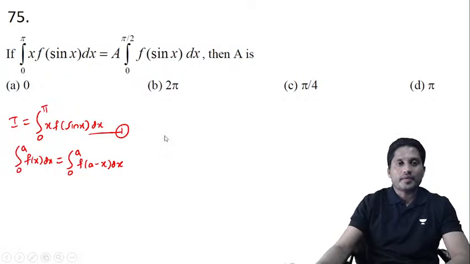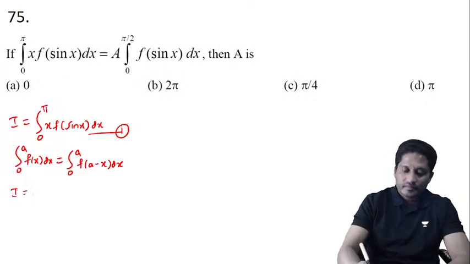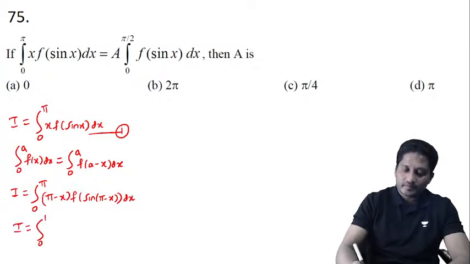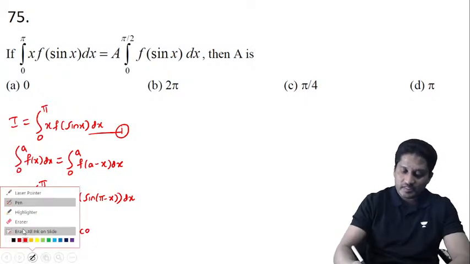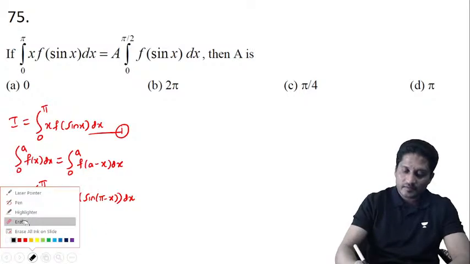If we change x to upper limit minus x, upper limit minus x is pi minus x, and then f of sine of pi minus x, dx. I is equal to integration 0 to pi of pi minus x times f of sine of pi minus x, and sine of pi minus x is sine x only.